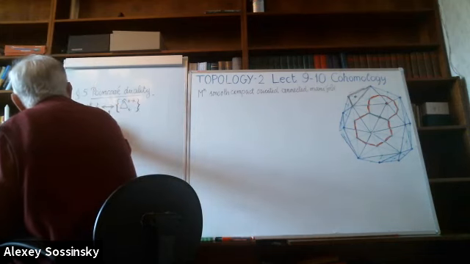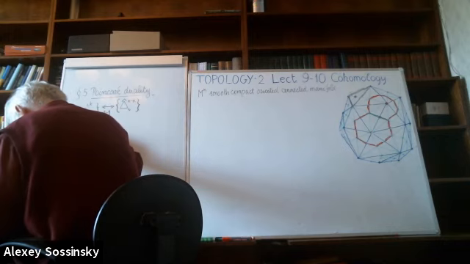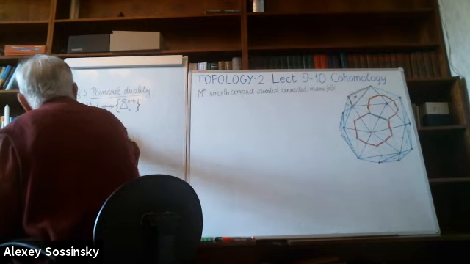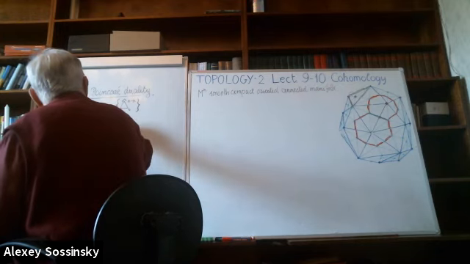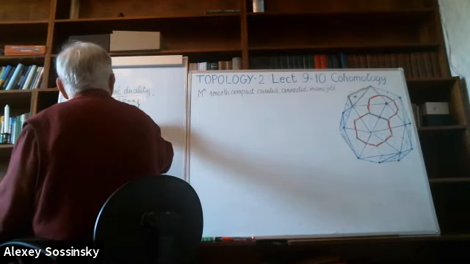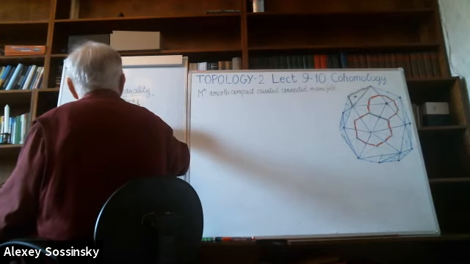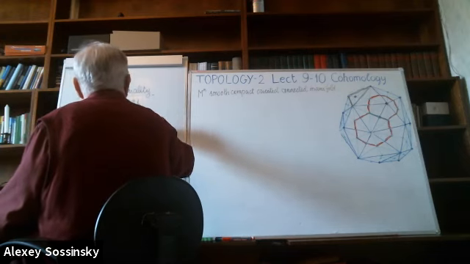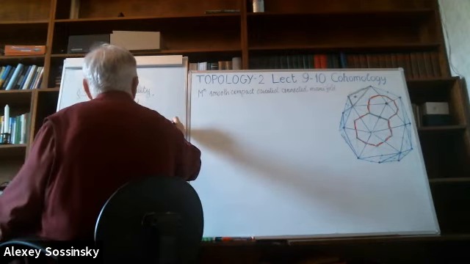Therefore, we have a one-to-one correspondence between the homology group C_k of M with coefficients in R and C_{n-k} of M with coefficients in R.